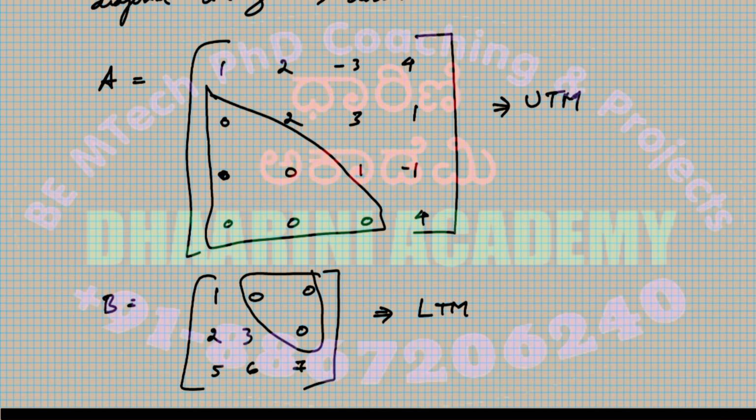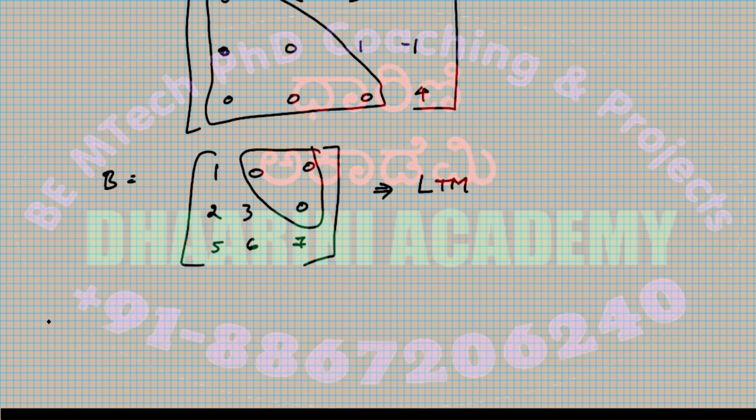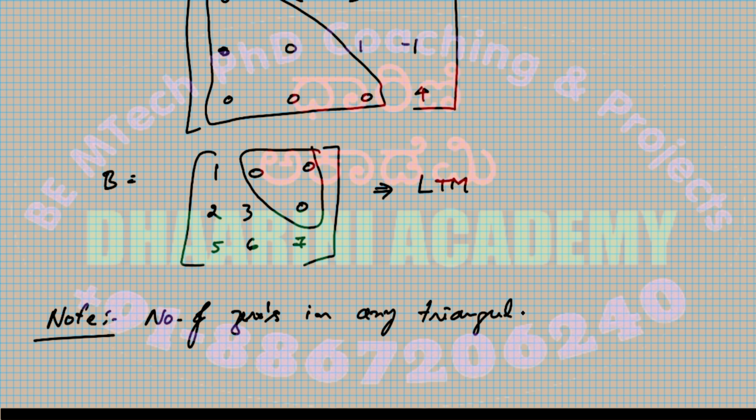Now, one very important point related to this, which has been asked many times in many competitive exams. So this is a note. The number of zeros in any triangular matrix of order n is n into n minus 1 by 2.